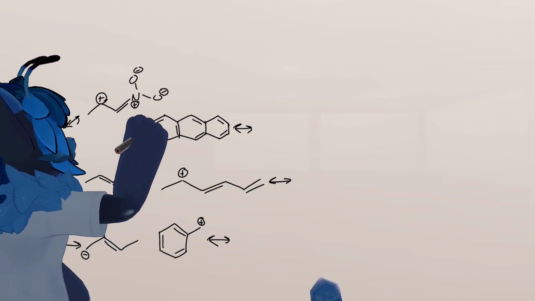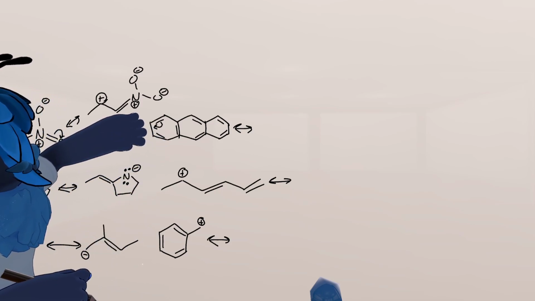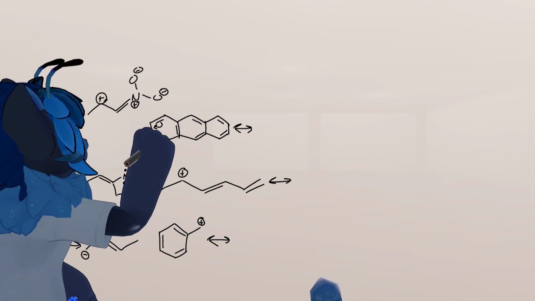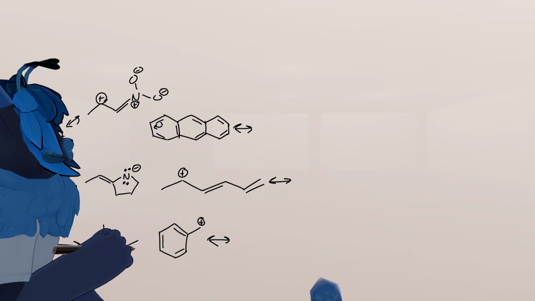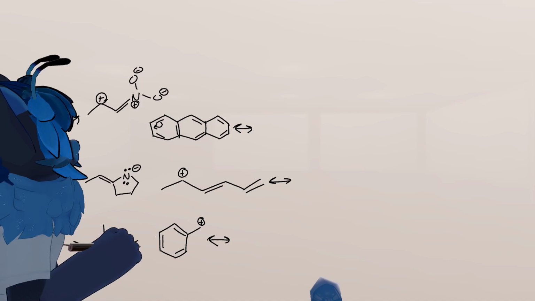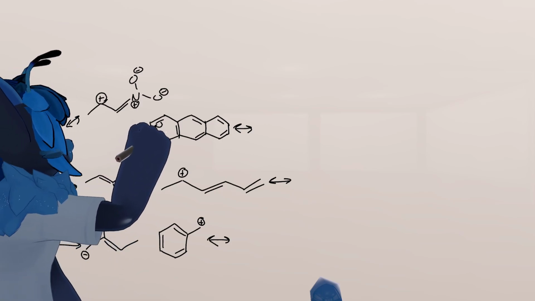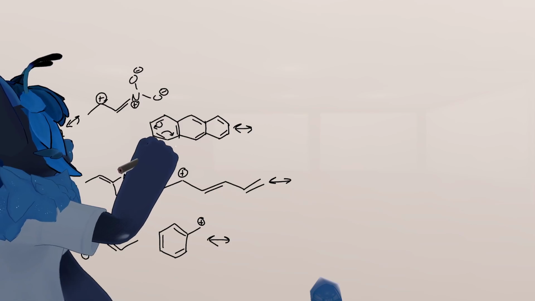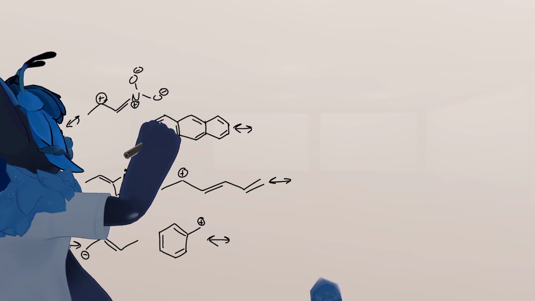So let's say we move this one to here. Well, this carbon can't be pentavalent, so one of the bonds will have to move. This bond, actually I should do it, yeah, let's actually do it that way. So that bond will move here, this bond has to move here, and this bond in the middle has to move over here.